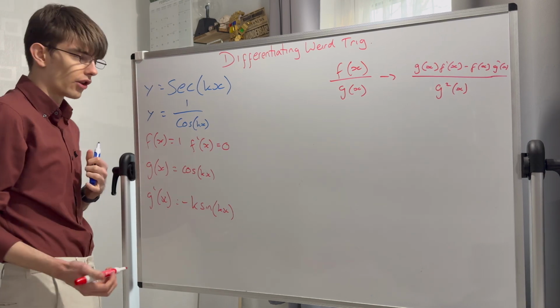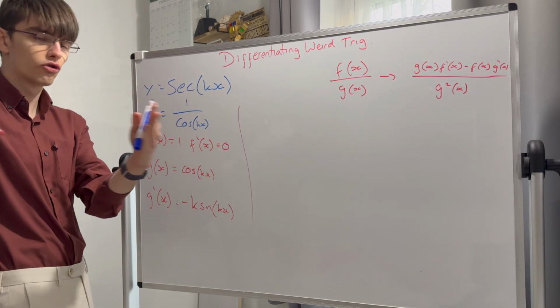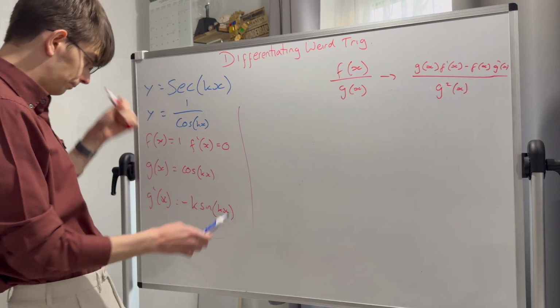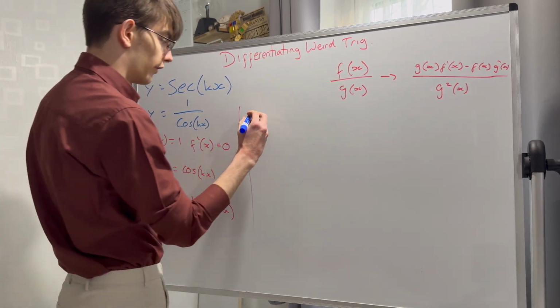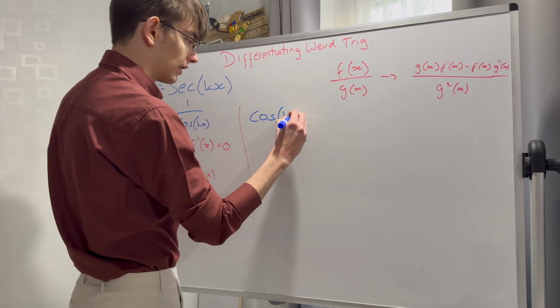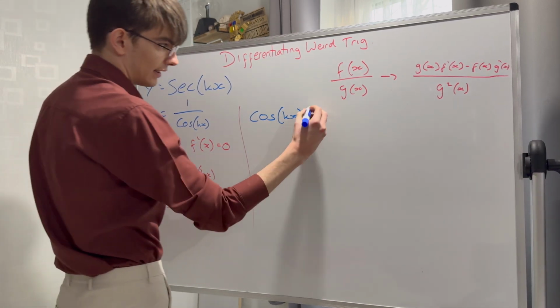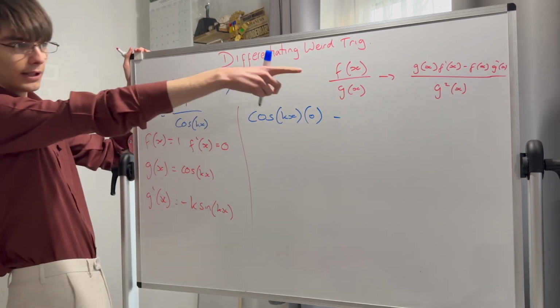Looks awfully similar to the last one because sine and cos transform into each other when we differentiate. So let's pop all of this into my formula again. So I start with g of x, which is cos kx, times f prime of x, which is 0, so I'll say bye to him in a minute.